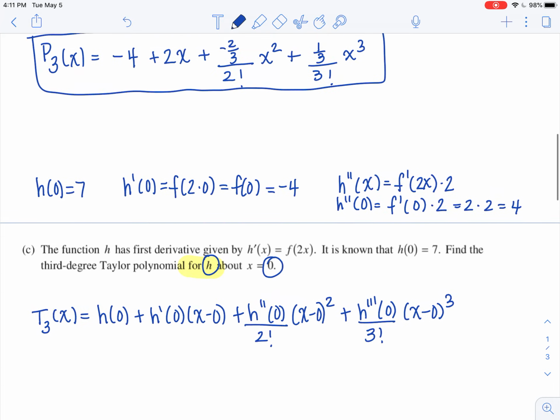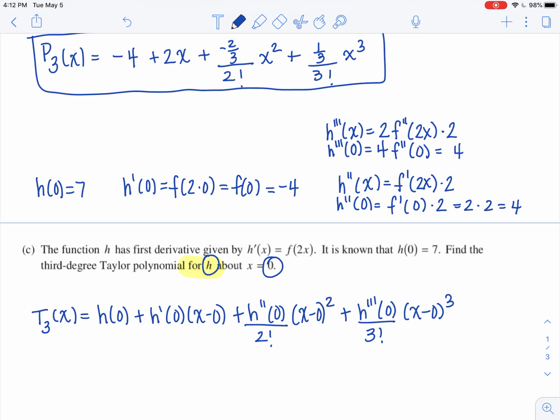And then last but not least, and I'm sorry I'm doing this all over the place, h triple prime of x is once again going to be using the chain rule. That 2 is a constant, so it will stay out front. Derivative of the outside becomes f double prime. Inside stays the same, multiplied by the derivative of the inside. So h triple prime of 0, I'm going to put those 2's together to make it 4 times f double prime of 2 times 0, which is really just 0.